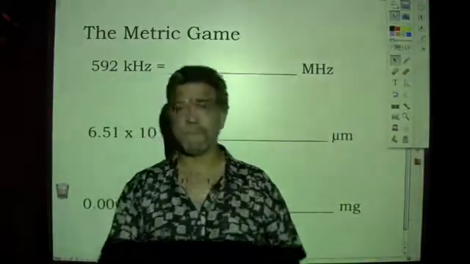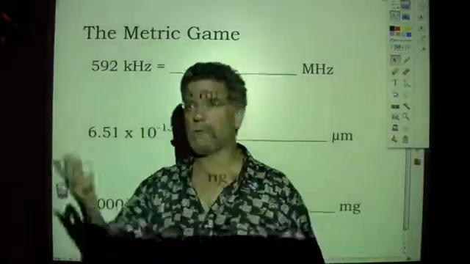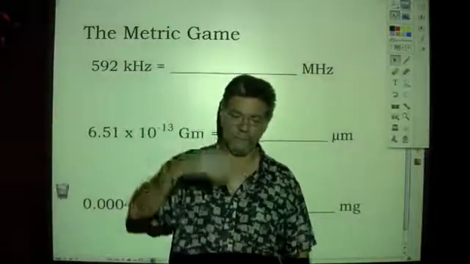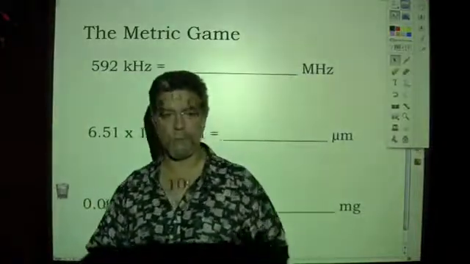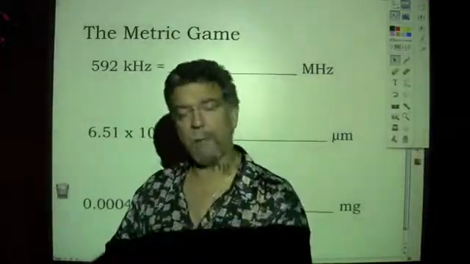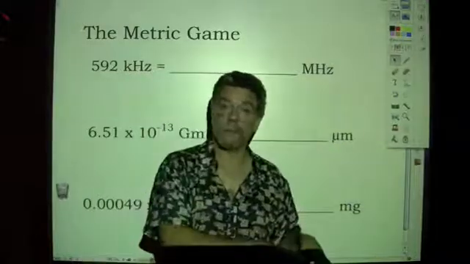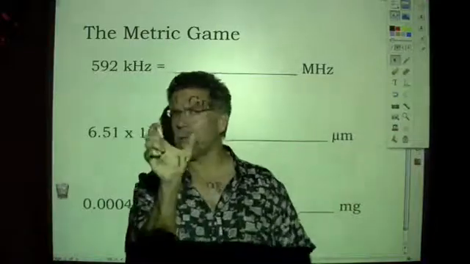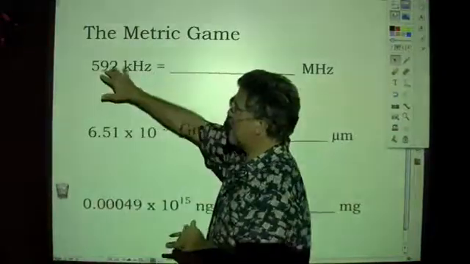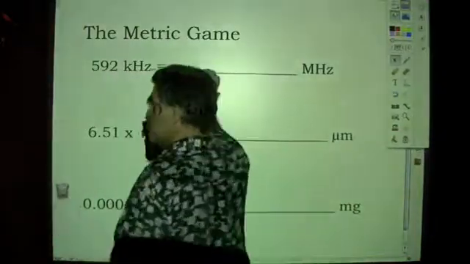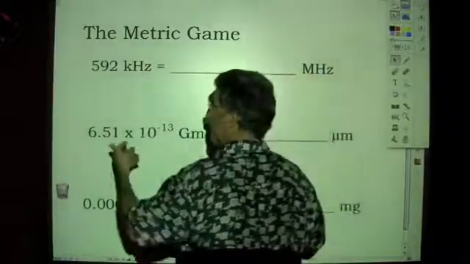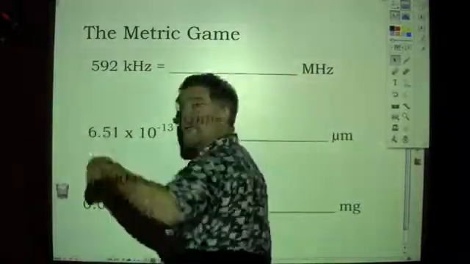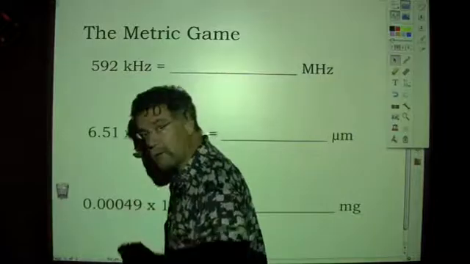Now when you go to FM, like 107.7 or KGOU 106.3 locally, that's in megahertz, so that's millions of hertz. And so a kilohertz would be, like in this case, 592. If there was a station 592 on your radio dial, that would be 592,000.